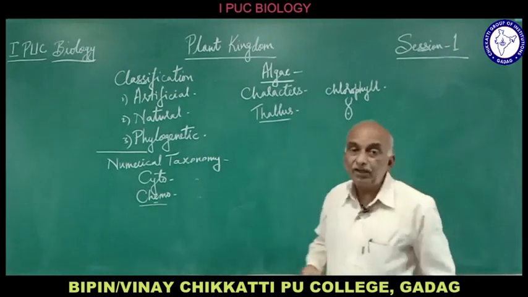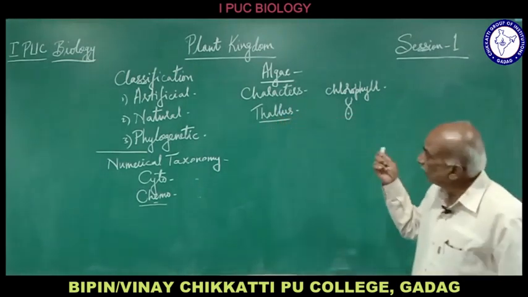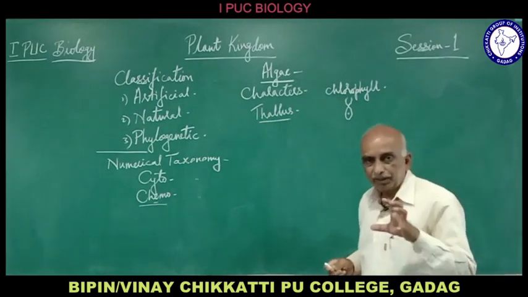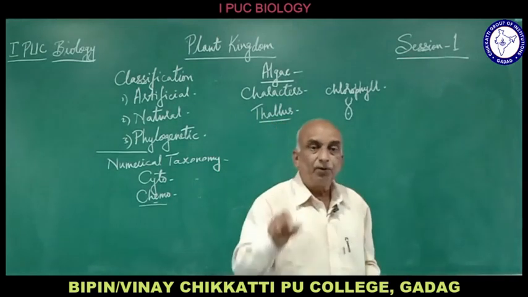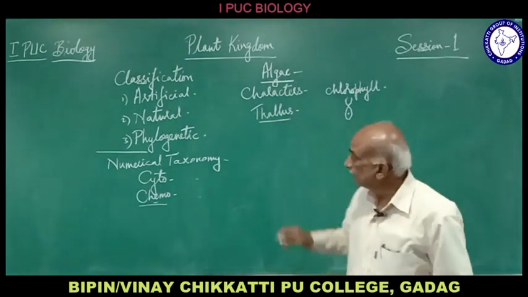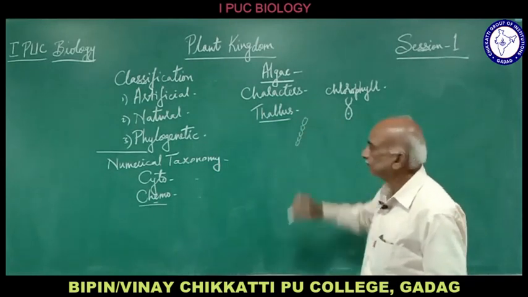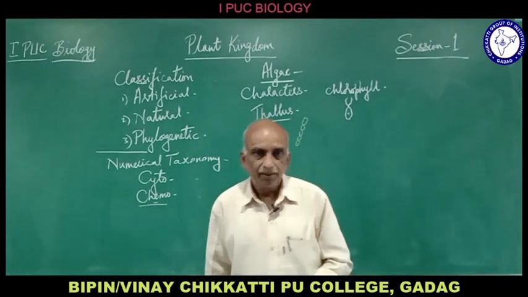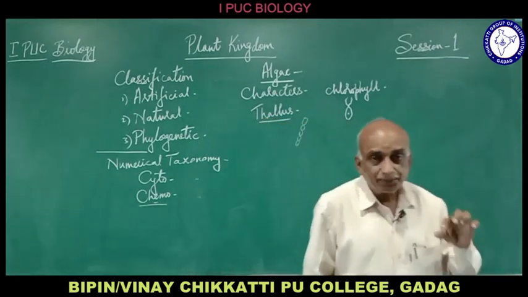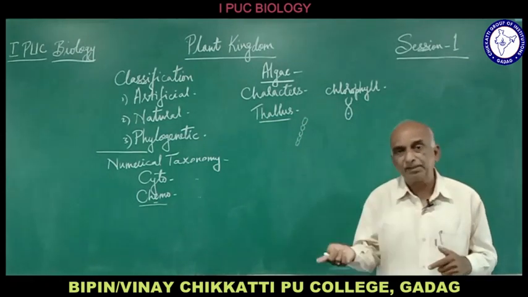But when we come to the multicellular algae, that algae is also a thallus, definitely. It may be in the form of a filament. The cells are arranged in a row like this, and this is called a filamentous alga. This filament may be simple, unbranched, or sometimes branched.